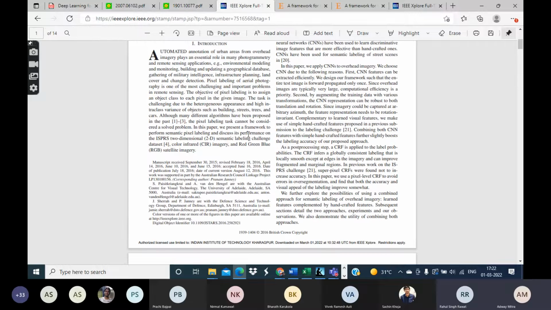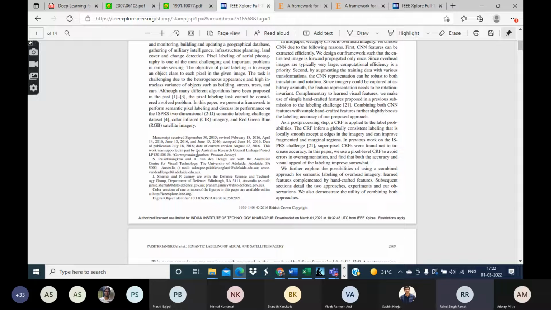They have different kinds of images: color infrared imagery, CIR, and also RGB imagery. They are proposing a framework which can work on different kinds of images.